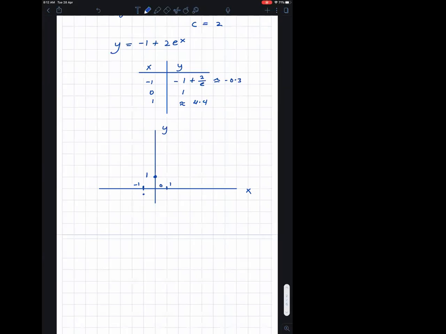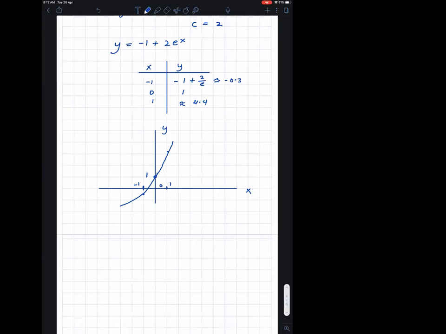At 1, it's going to be around 4.4, so somewhere here. Okay, so you just need 3 points to roughly estimate the curve. So this is the solution to that differential equation.